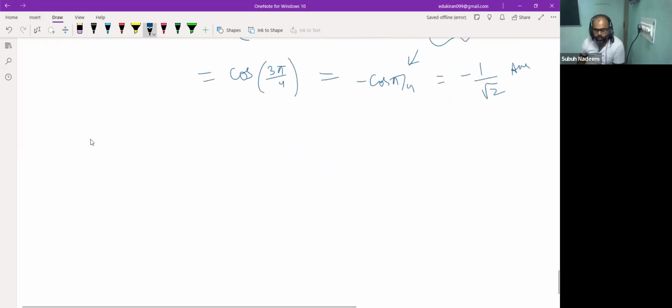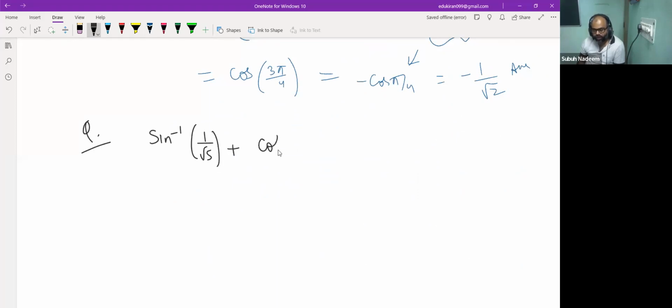Let us do one more question based on these concepts. It is sine inverse of 1 by root 5 plus cot inverse of 3. So what would that be equal to?